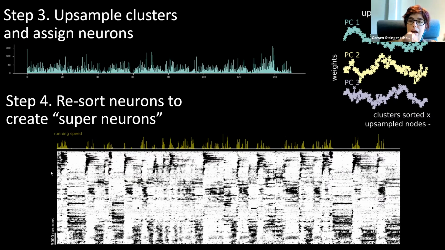And so being able to average over neurons can be advantageous to get rid of some of this noise, because we don't necessarily want to average over trials because the behavior can vary from trial to trial. So these sorts of super neurons might be easier to analyze trial by trial variability, for instance, rather than using the neurons directly.